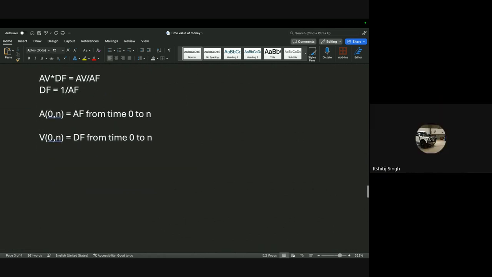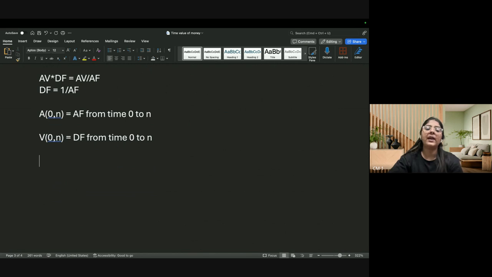Okay. Now let's give a summary of what we have already studied till here, just to recap everything. So under TVM, what we have learned till now. We have done simple interest, we have done compound interest, we have done simple discount, we have done compound discount.